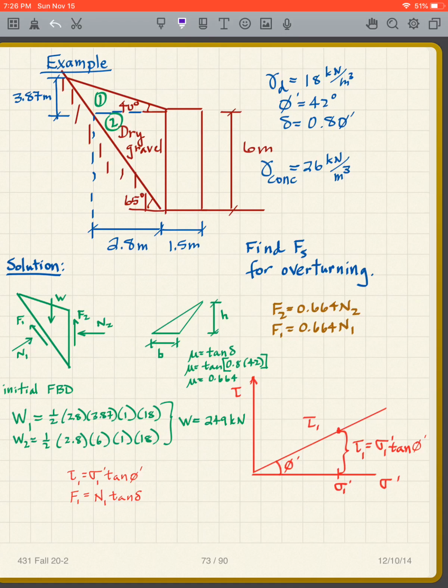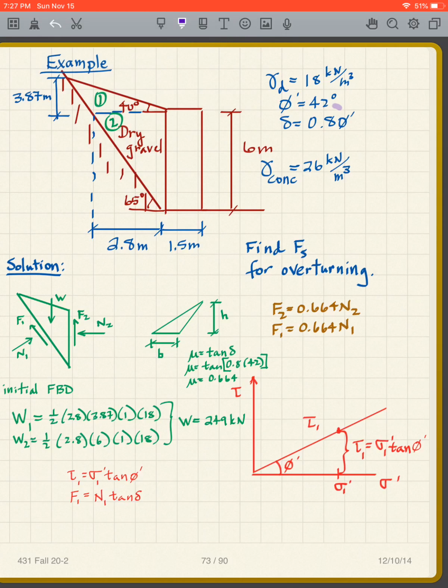So my coefficient of friction, I'm going to take as my tangent of phi prime, or tangent of delta. So in this case, I've taken my tangent of delta, phi prime, or the delta, the 0.8, accounts for smoothness of this wall and smoothness of this rock surface.